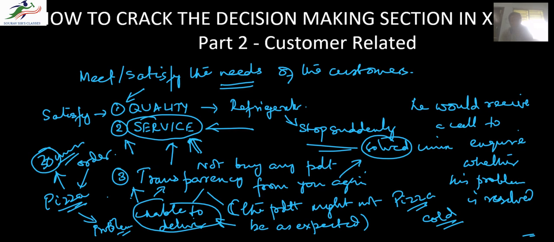So it is delivered within time, but not as expected. However, if you tell the customer frankly that this is the problem, maybe your insulation bag is not very good, or anything else, the customers mostly understand and appreciate the transparency.